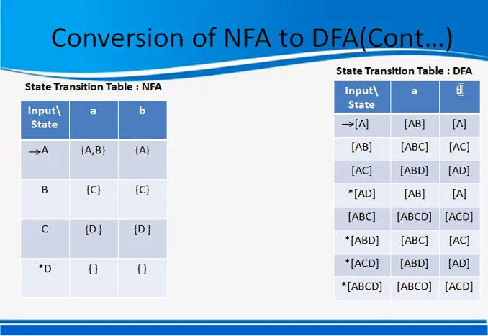Now on input small b, it will give ACD. So we have written here ACD. Now we will see the transitions on ABD. On input small a, we will take the union. So ABD will give ABC.